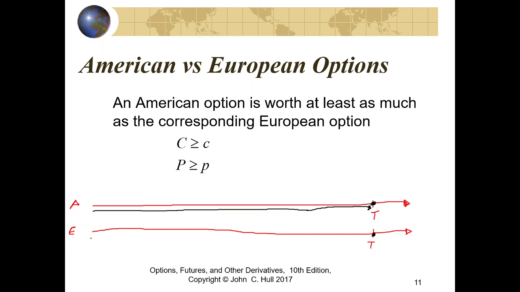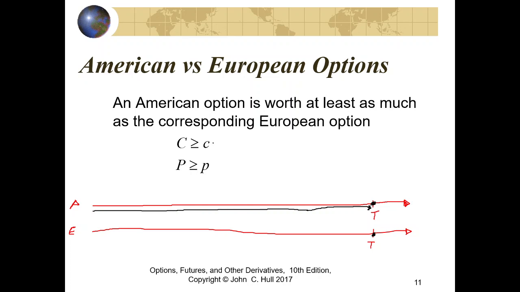So we can see that an American option includes the European option plus an additional option. If that is the case, shouldn't we expect the call option or the put option prices for an American option to be greater than the European options?